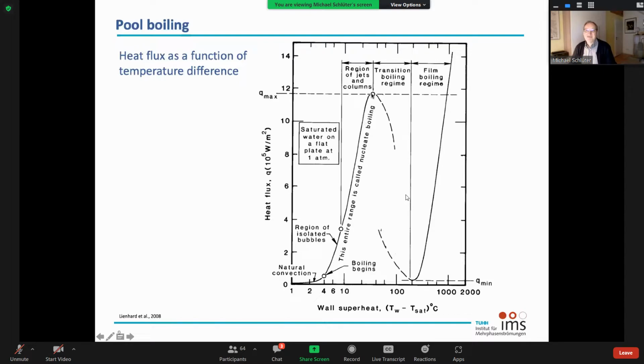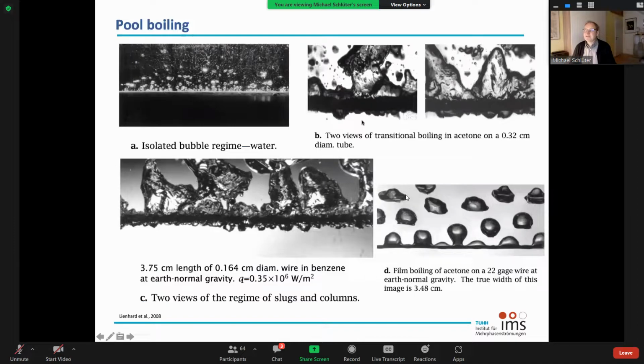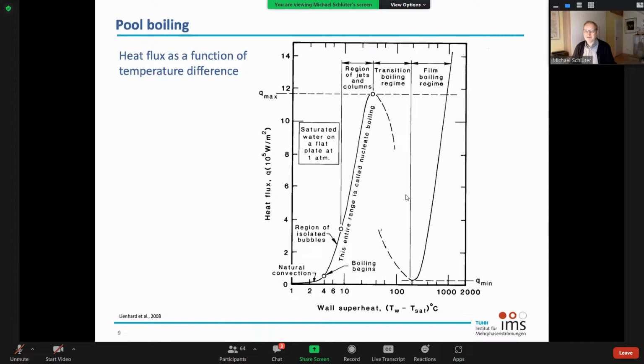And this can happen very fast. Think about it: you have some scaling in the heat exchanger, or a very short heat flux peak or something like that, and then you overcome this point. And if you overcome this point, then you will never come back, because you suddenly have such a strong increase in the temperature, you will not have any chance to come back here. The only chance is to switch off your heating system.